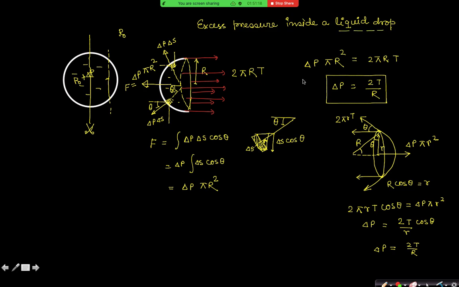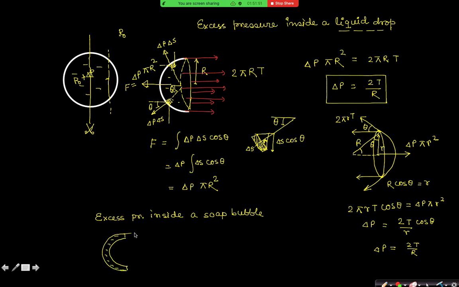If I have to find what is the excess pressure inside a soap bubble, then what should I do? What will be the only change? There will be two surfaces. Yes. In case of a soap bubble, you will find that this hemisphere has two free surfaces instead of one. Liquid is present here.